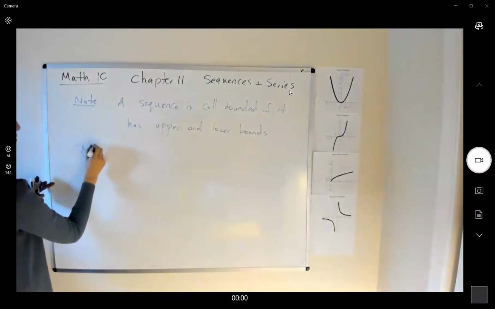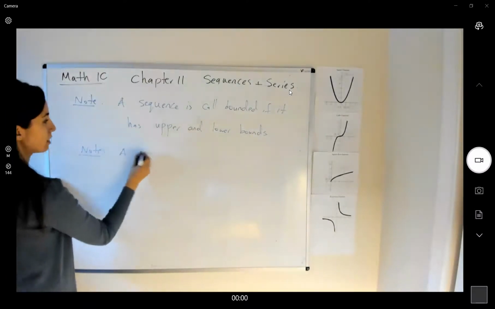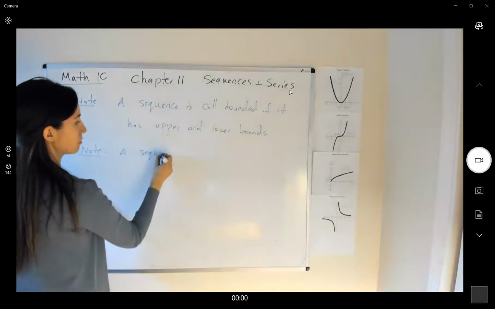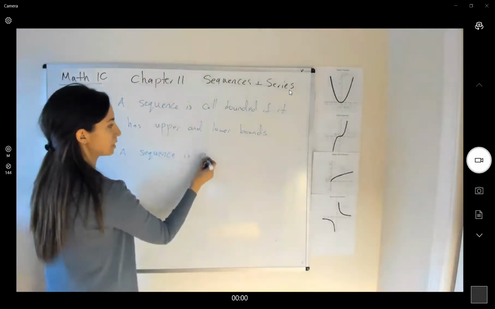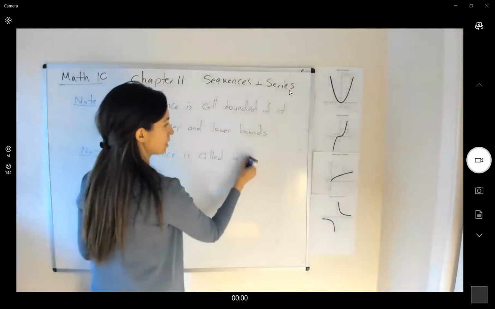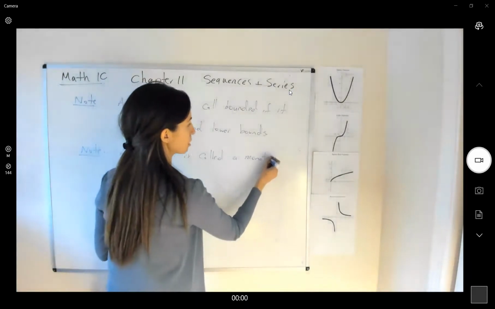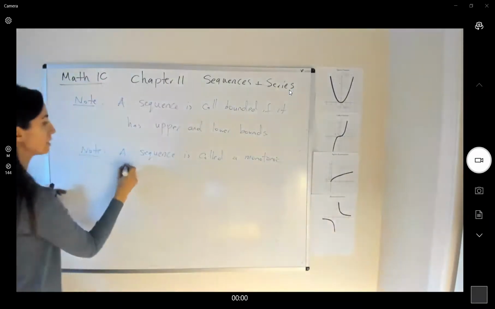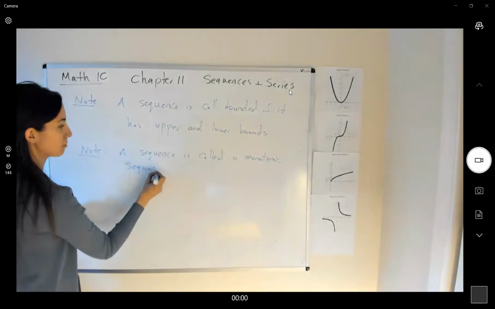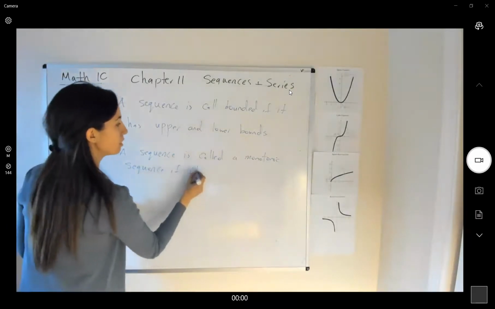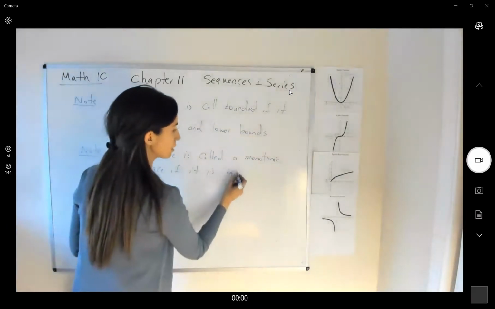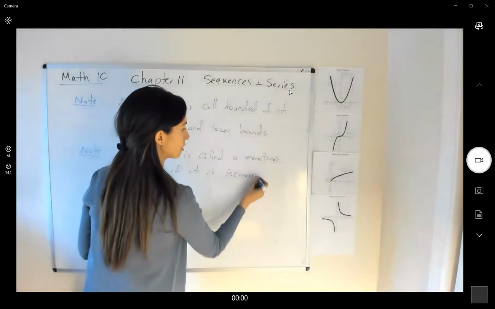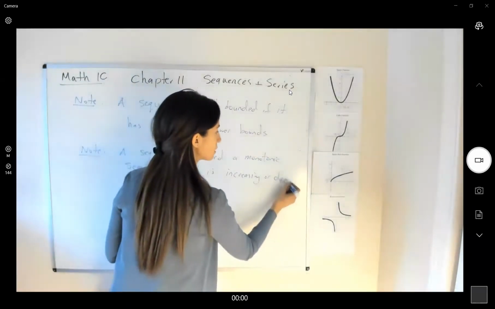And note, a sequence is called a monotonic sequence if it is increasing or decreasing.